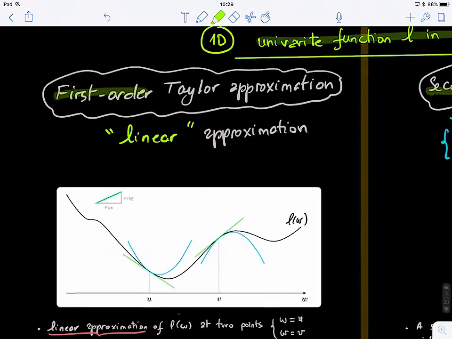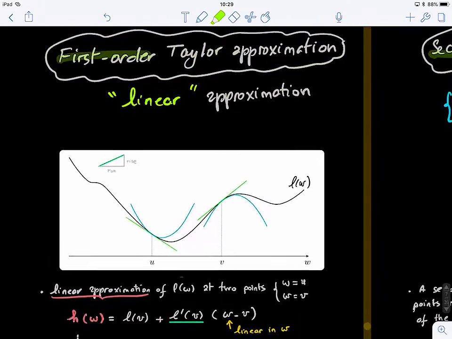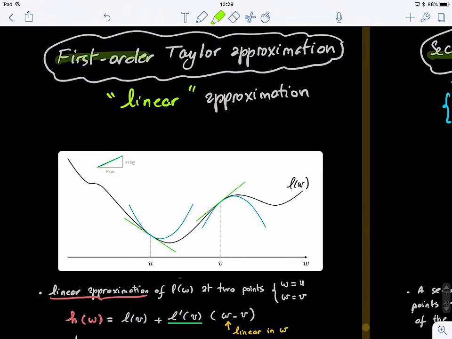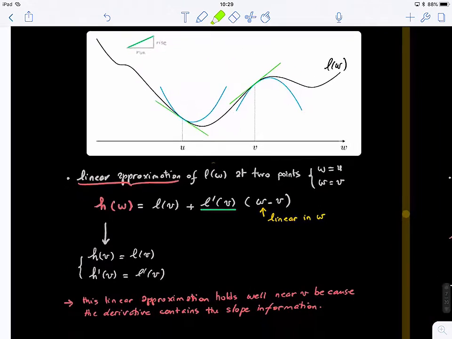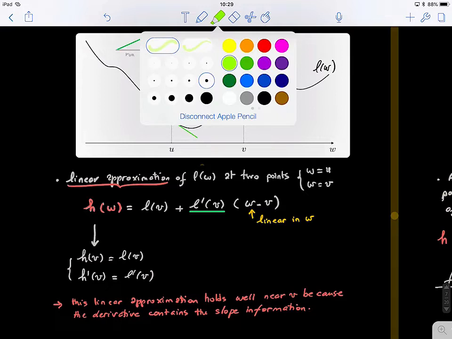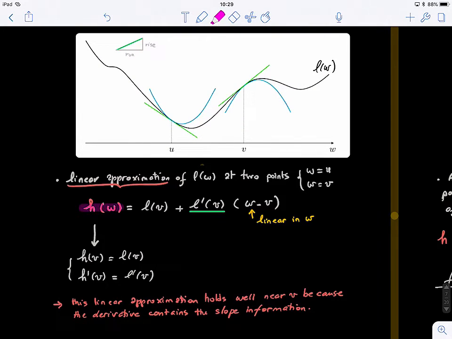So here, for a linear approximation of this function, we define a new function. Let me just zoom a little bit. Okay, so we define a new function h of w around the point V. This local approximation is only valid if we are within a local neighborhood of our point, and this assumption doesn't hold if we go far away.